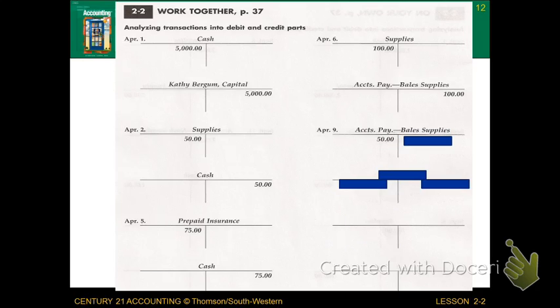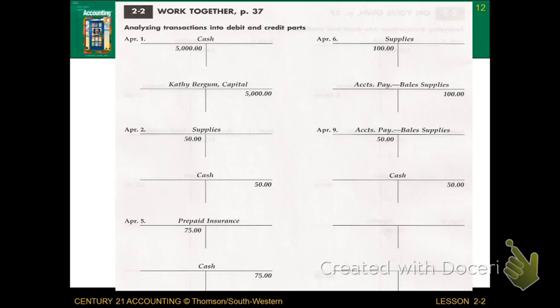So accounts payable decreases as a debit, and our cash, since we're paying cash, that once again decreases as a credit. So we have our debit listed first, we have our credit listed second. Accounts payable decreased, our cash also decreased. Debit, credit.